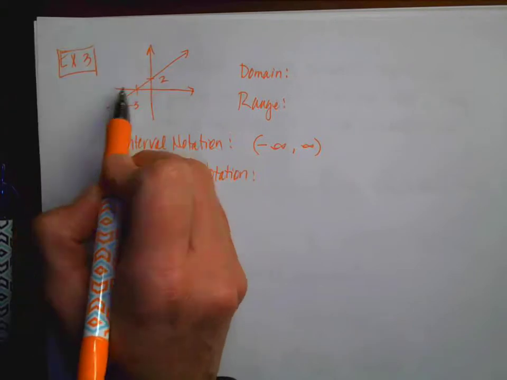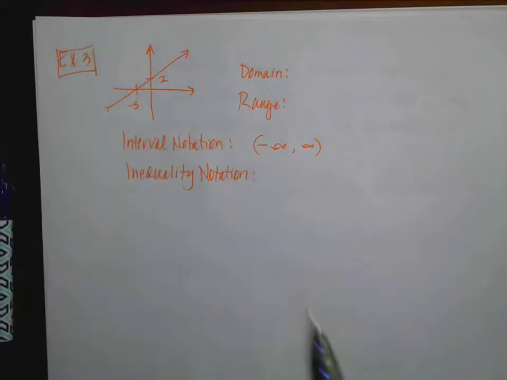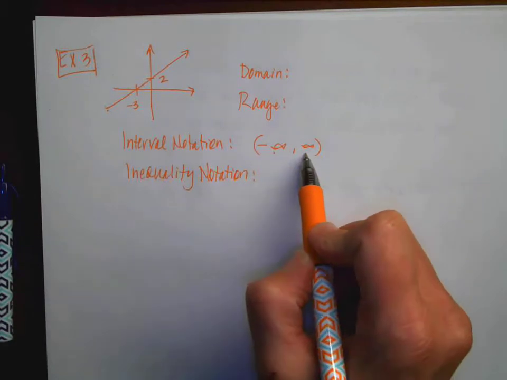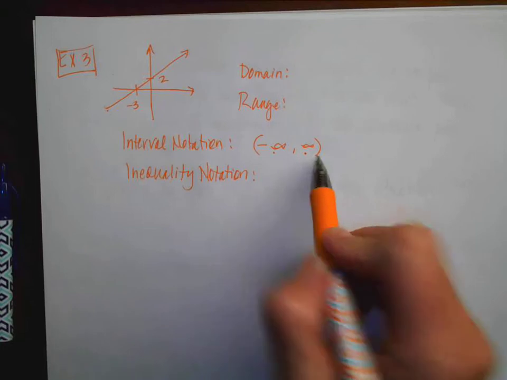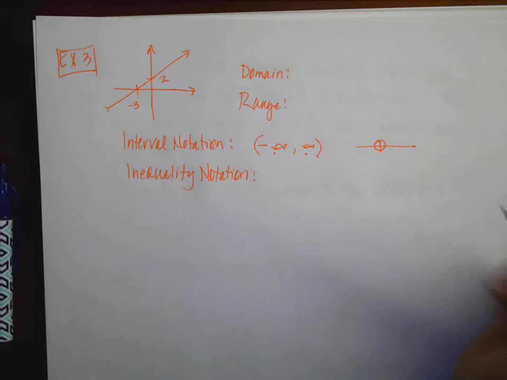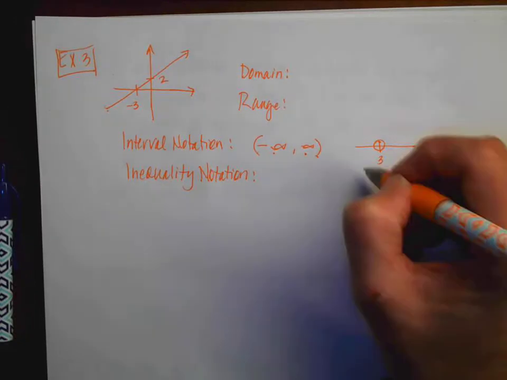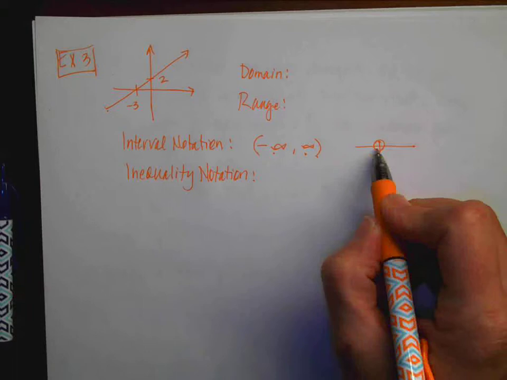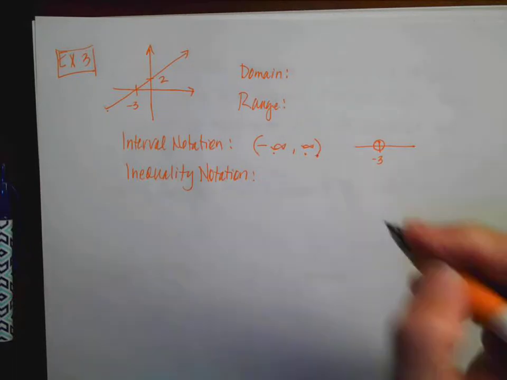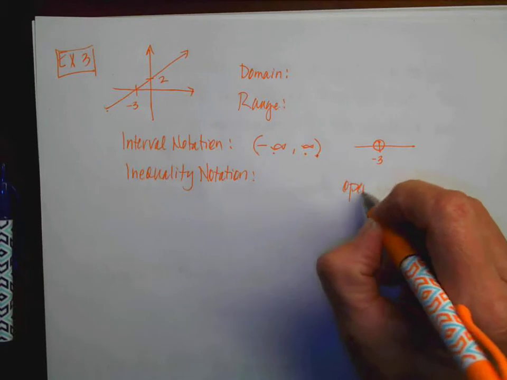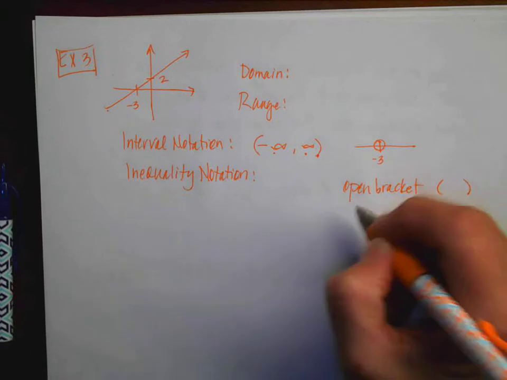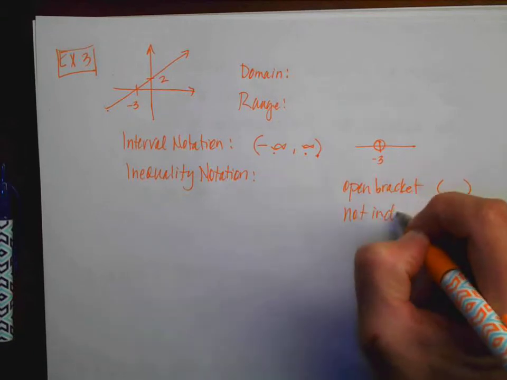This graph goes forever and ever to the left and to the right. So it goes forever and ever to the left and forever and ever to the right. This is called an open bracket, which is the same thing as having an open circle on a number line. So if my number line had a -3 on it, then an open bracket, a curved one, means not included.